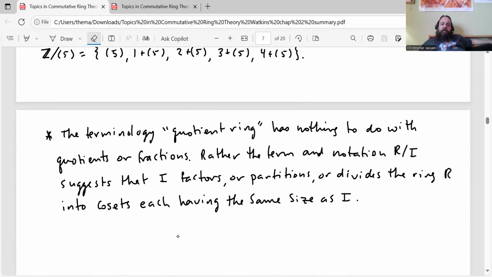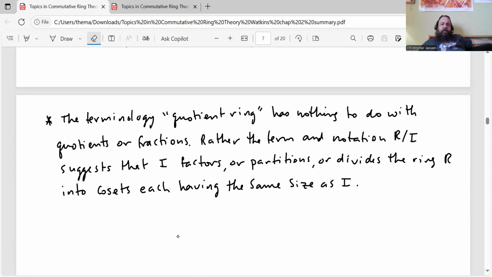I think this is the last note here in the chapter. The terminology quotient ring has nothing to do with quotients or fractions. Rather, the term and notation R mod I suggests that I factors or partitions or divides the ring R into cosets, each having the same size as I. It's similar to the construction we did in linear algebra when you construct quotient spaces by modding out by a subspace.